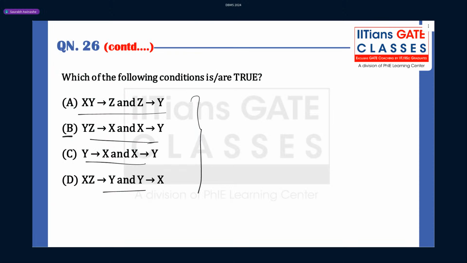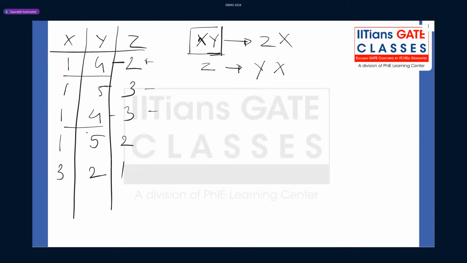Now we look at option B. The first one is yz gives x. So 4 2 gives 1. Let's check if 4 2 gives another value there. No. 5 3 gives 1. Does 5 3 give another value in the same relation?